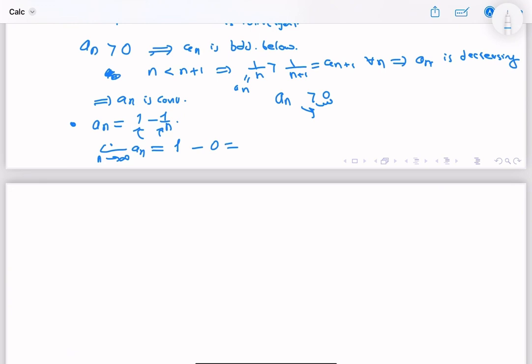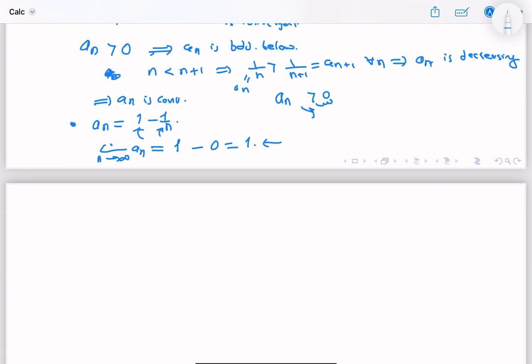So this will be 1 minus 0, which is just 1. So you know that this sequence is convergent. You do know that, right? So since this is true, you expect that the monotone theorem will give you the true result. So you could have computed the limit and concluded convergence, or you can use the monotone theorem to tell you that the sequence is indeed convergent.